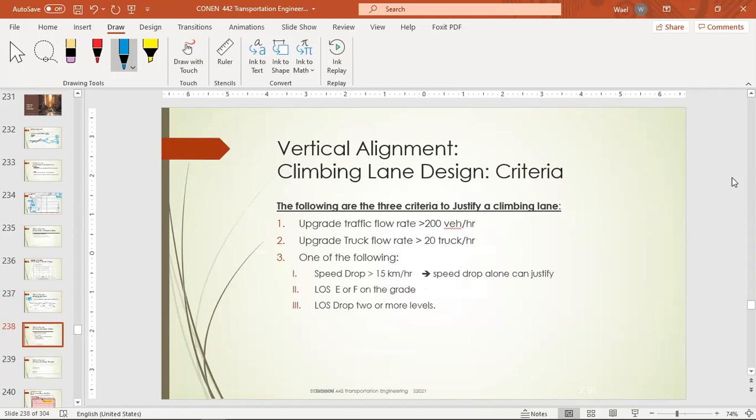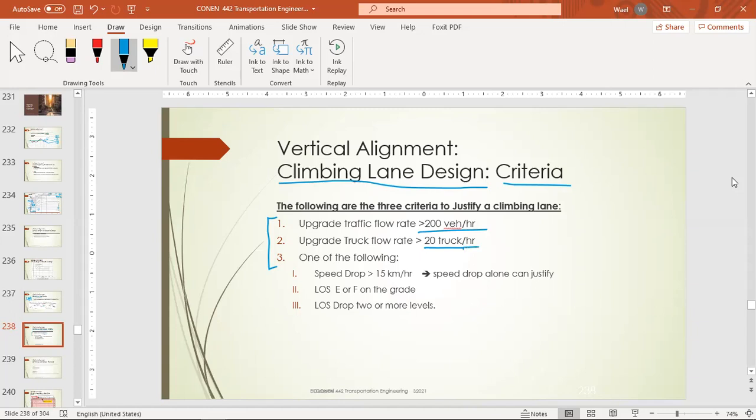Okay, the criteria for designing a climbing lane. That's a very important subject. When do we need to add a climbing lane? If the upgrade traffic flow rate is greater than 200 vehicles per hour. That's the first condition. We have to satisfy these three conditions. The upgrade truck flow, or the number of trucks, is at least 20 trucks per hour.